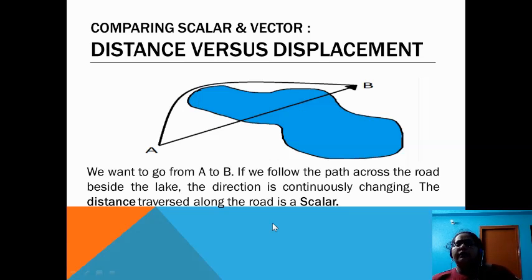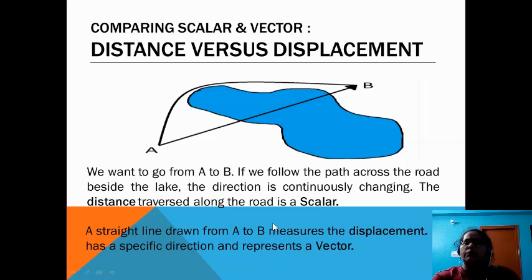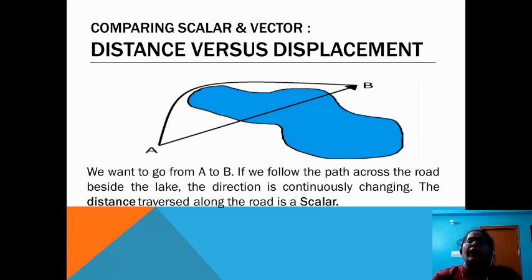Now see, this is a water body, say this blue one, and suppose we want to go from the point A to the point B. Now here we have shown two paths. Suppose that because this is a water body, I am not allowed to cross directly, so I have to take this roundabout path along the side of the lake.